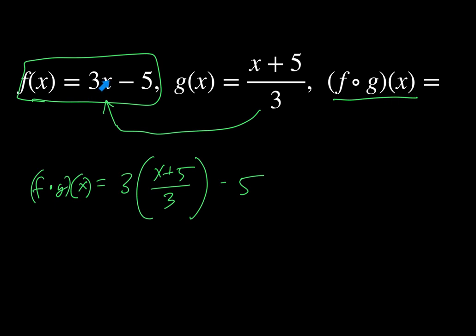I just took this and replaced it with this function. The threes reduce, x plus 5 minus 5 equals x. That's f of g of x.